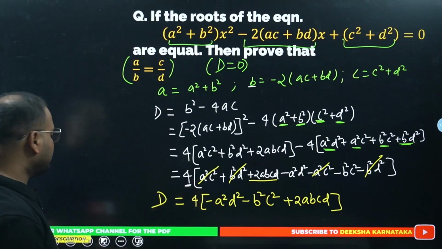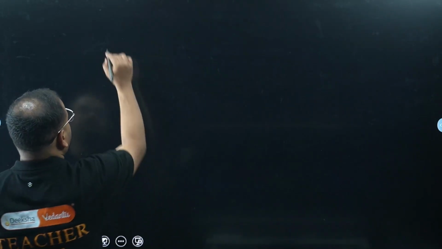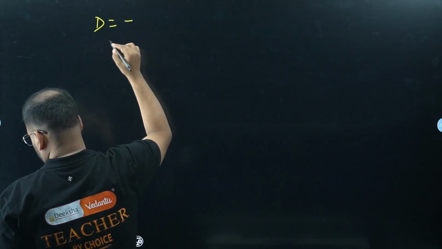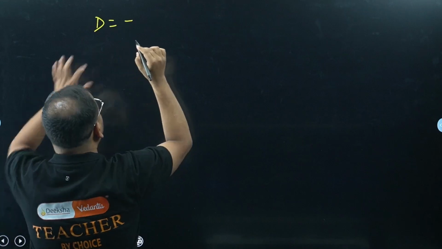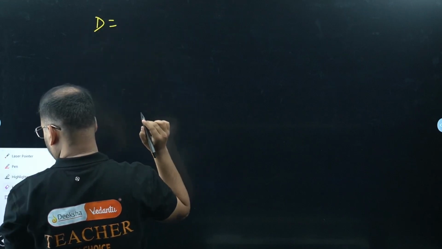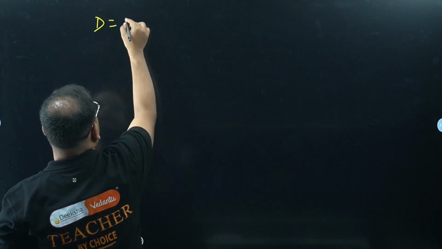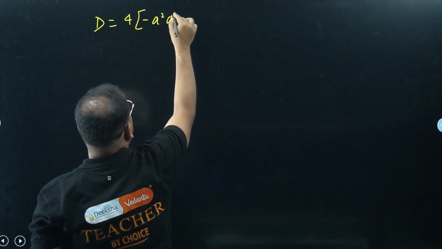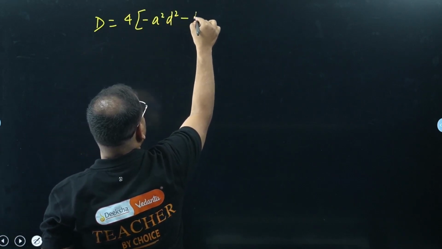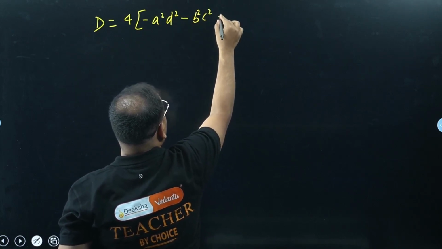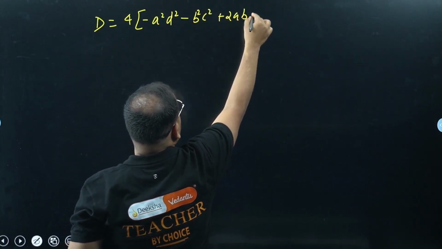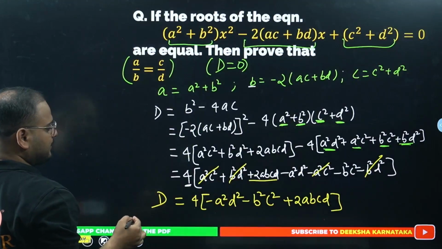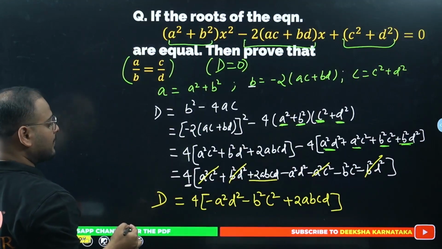I'll take it on the next slide and write the same thing there again. So my D is equal to, pardon me, this should be just 4 times minus a square d square minus b square c square plus 2abcd. Is it right? It's right.